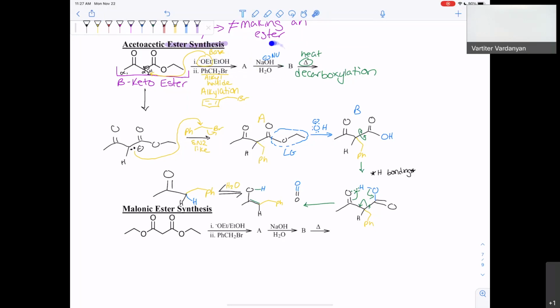Then this one is a nucleophilic acyl substitution, which I forgot to write down, and all we do is change that ester into a carboxylic acid. And then the last step, which is what people usually actually need to draw out, is the decarboxylation, where we lose the carboxylic acid on one end and just make an enol.